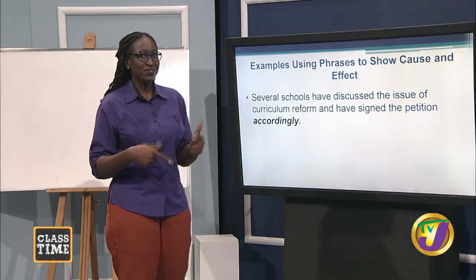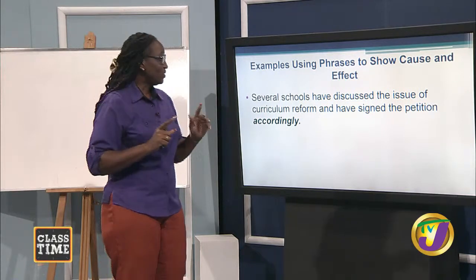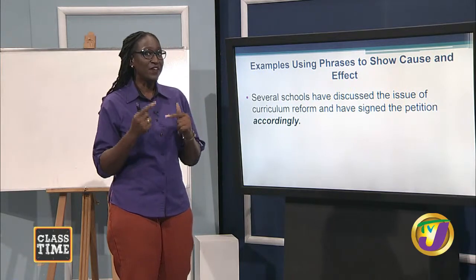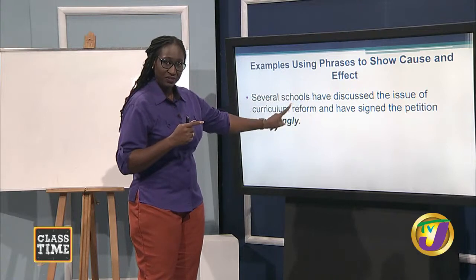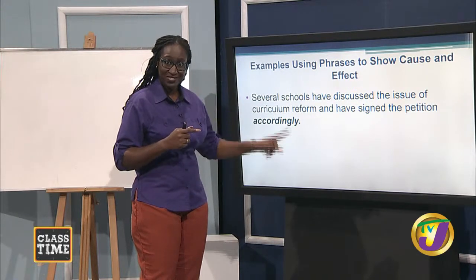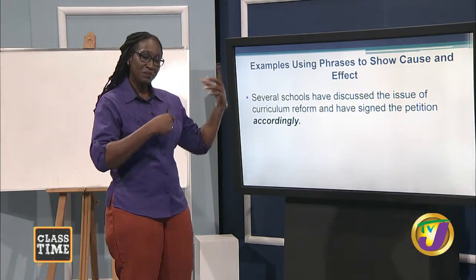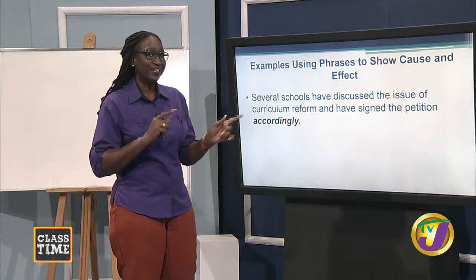What is important is the job it is doing in the sentence, because even though "accordingly" comes at the end of the sentence, it still effectively links these two ideas: a discussion followed by a petition signing. So even though it didn't come in the middle or at the beginning, it still does the job of transitioning, of linking.